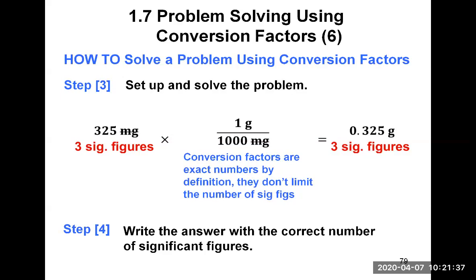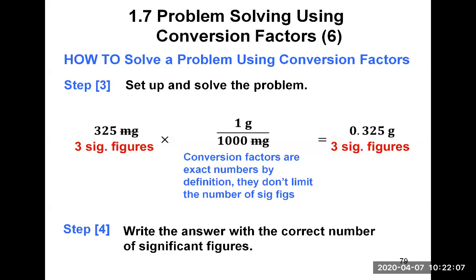The milligrams cancel. So for sig figs, the given amount, of course, is a measurement, so it has uncertainty, and here it's 3 significant figures, the 3, 2, and 5. The conversion factors that come from the metric system are all exact numbers. The 1 gram is an exact number. The 1,000 milligrams are exact numbers.